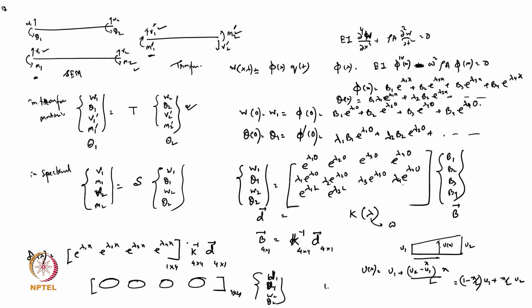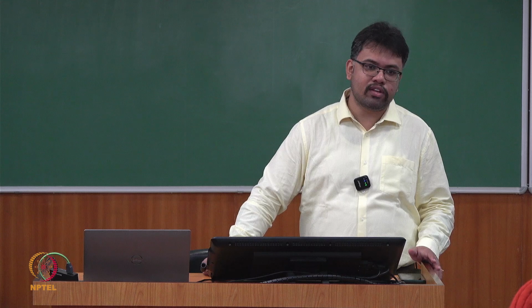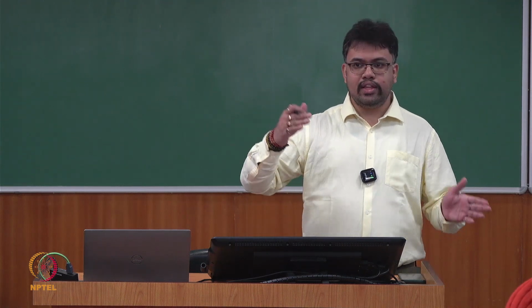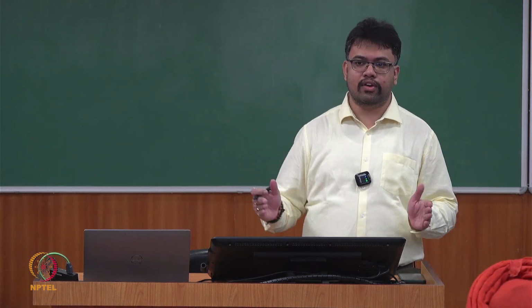So you say that u of x equals [1 minus x by L, x by L] with u1 and u2, because u1 and u2 are the two degrees of freedom, and we try to write the variation of the field variable in terms of the degrees of freedom.